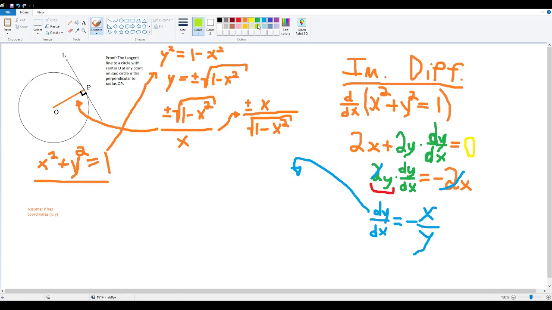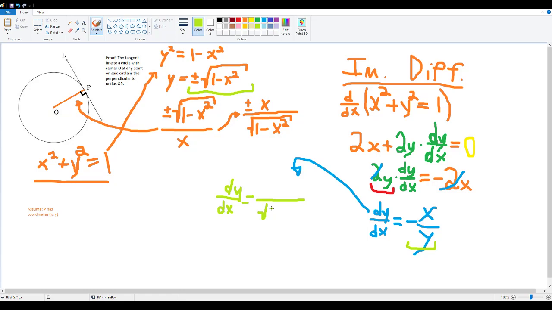And now, as a last little bit of simplification in order to finish off the proof, what we need to do is take this y and substitute in this here, because that is equal to y, and that's in terms of x. And so we're going to say dy by dx equals negative x over y. So let's write out the y first. And y is plus or minus the square root, and we can bring the plus or minus up to the top.